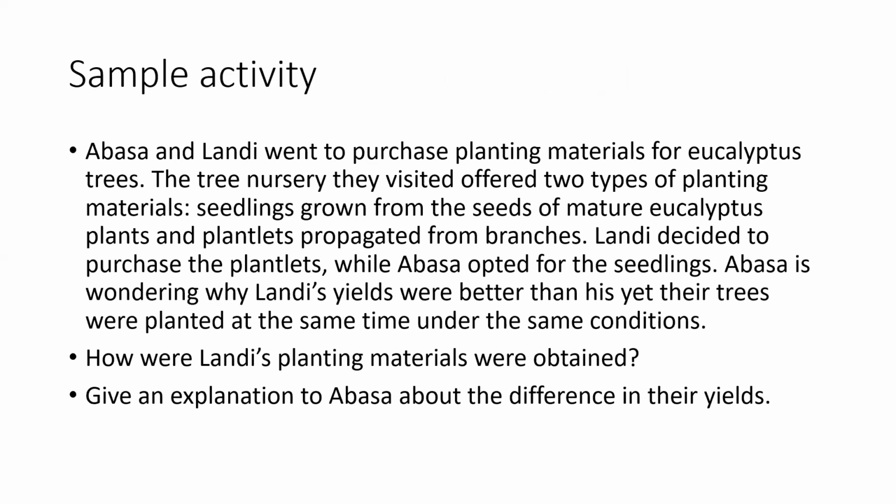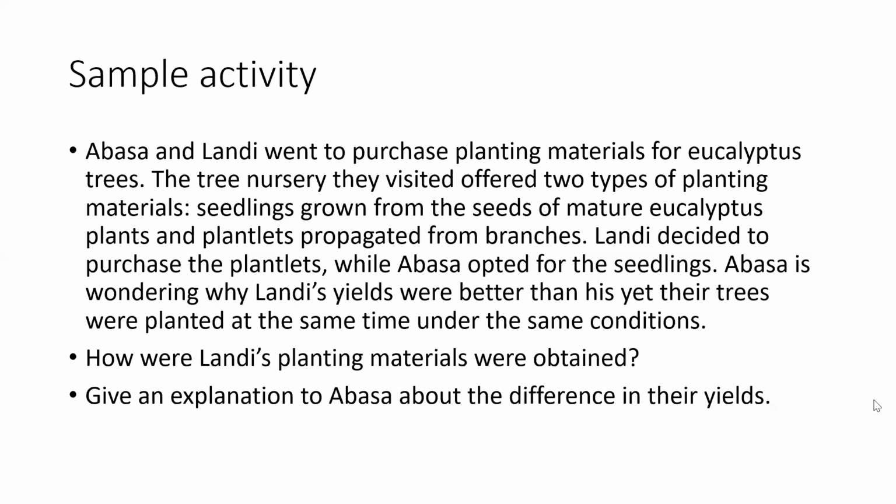So here is, I want to call it, an activity. Abasa and Landy went to purchase planting material for eucalyptus. The tree nursery they visited offered 2 types of planting materials: seedlings grown from seeds of mature eucalyptus plants, and plantlets propagated from branches.